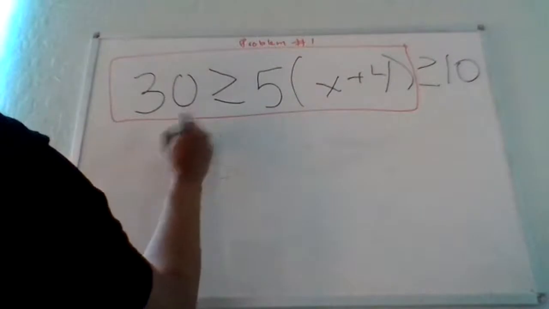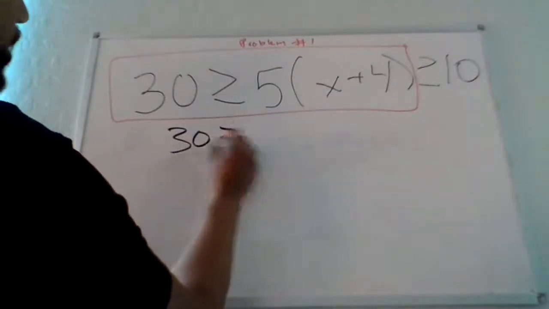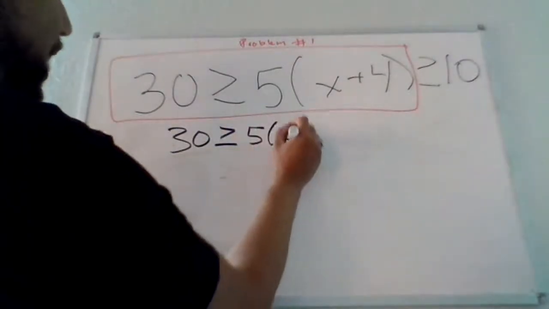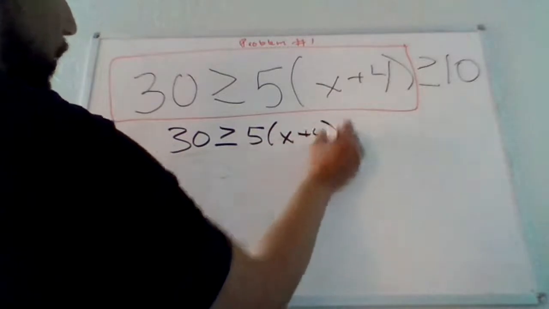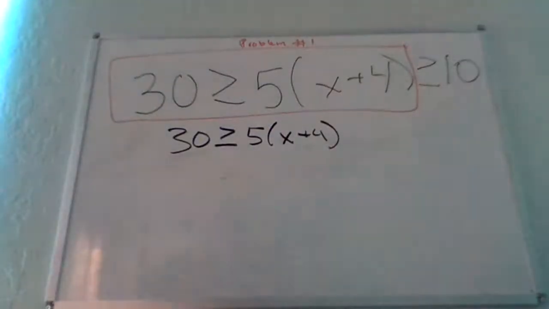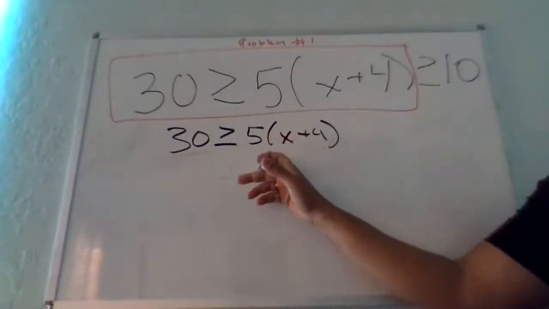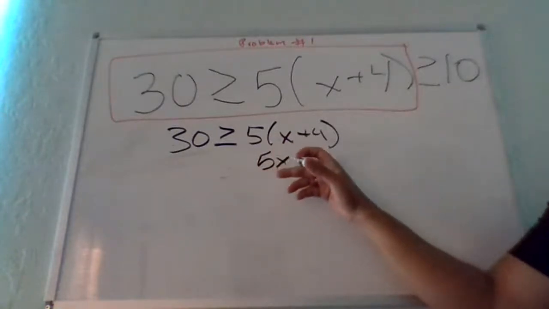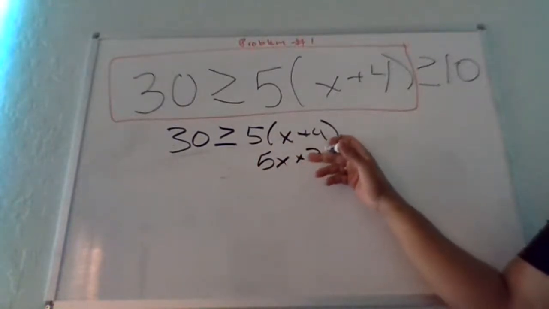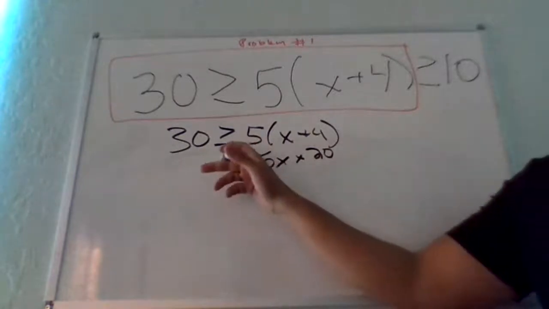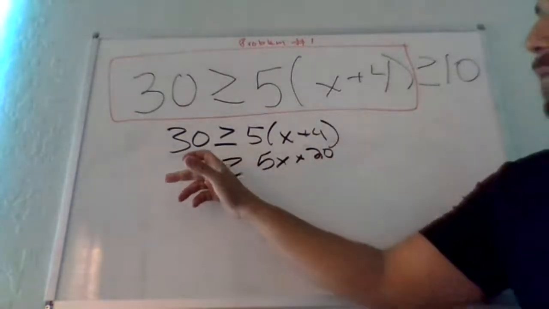So that's going to be 30 is greater than or equal to 5 times x plus 4. So how am I going to solve this? What am I going to do? Somebody walk me through this. Multiply 5 by x and 5 by 4. Okay, so we have 5x plus 20. Okay, now what?